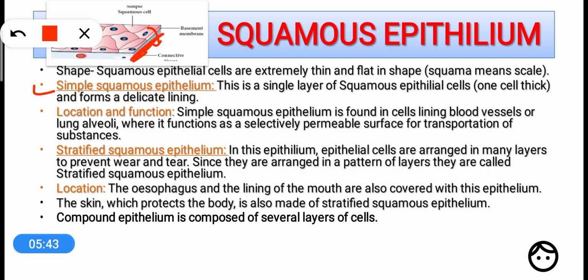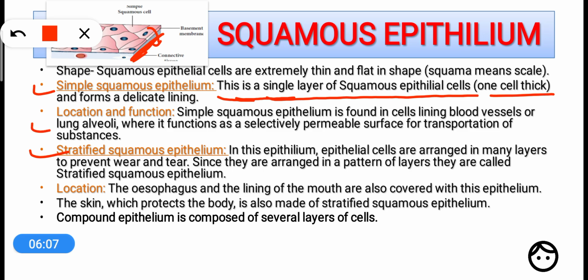One is simple squamous epithelium, another is stratified squamous epithelium. Simple squamous epithelium is a single layer of epithelial cells, means it is just one cell thick. So whenever squamous epithelium has just one layer of cells, then it is called simple squamous epithelium. Right, where is the location?